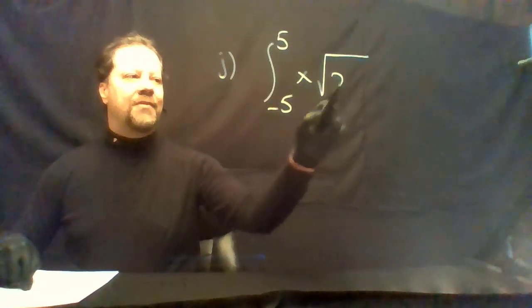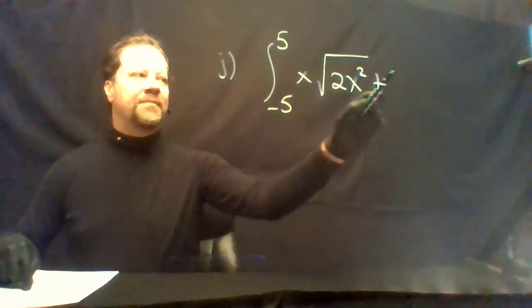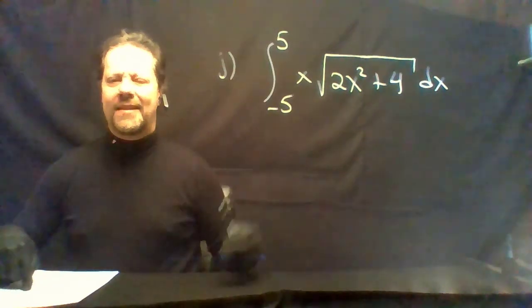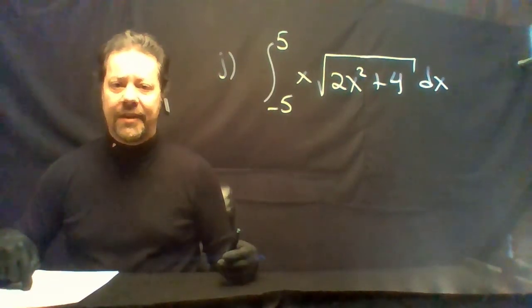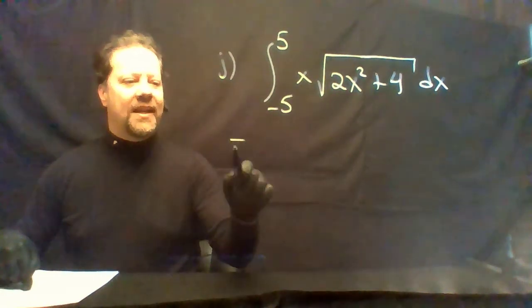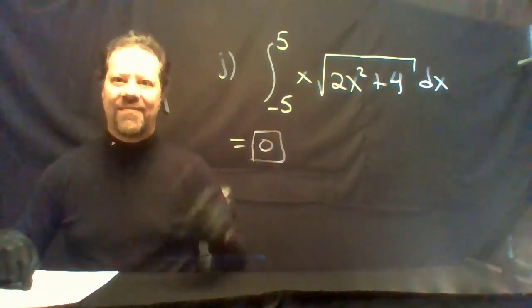On part J, you might think I'm pulling one over on you, but I'm not. I'm trying to teach you an important principle. You might say, oh, I'll just change the limits of integration on the last one. But it's easier than that. You should say, this one is obviously 0.